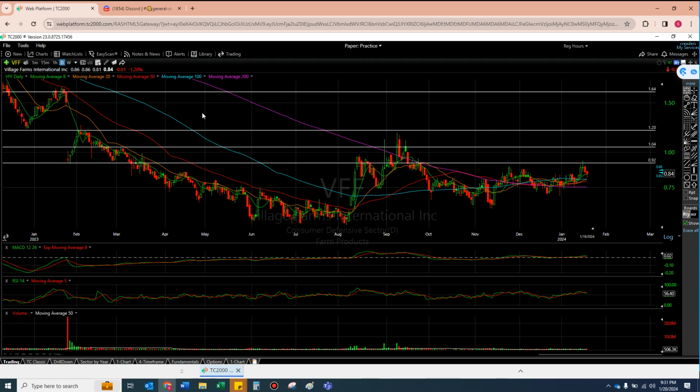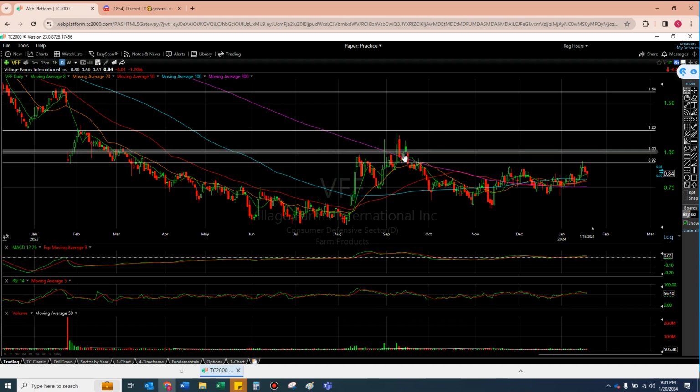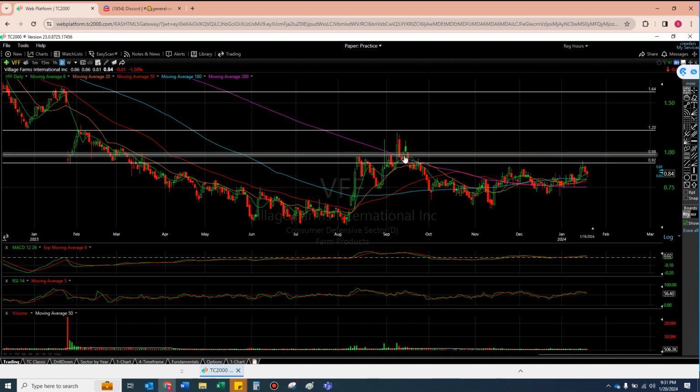Yeah, I think 99 is the magic number. I'm going to lower that from 1.04. I think breaking 99 is the line, because I'm looking at green, green, green, red, red, red, crazy green, red, green rush. Break 99 and VFF will fly. That's the money line right there.